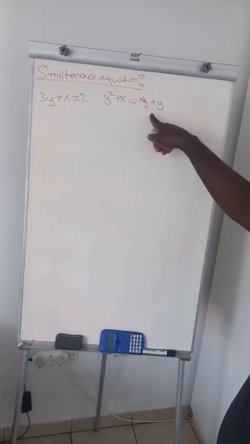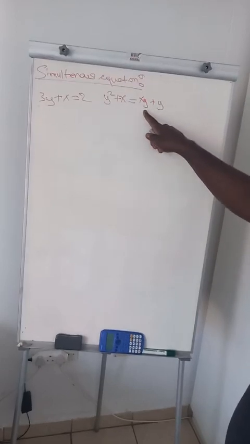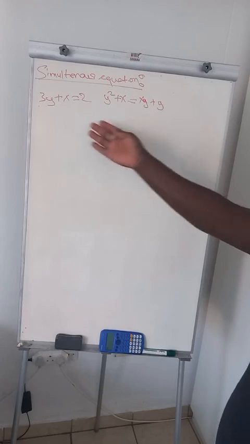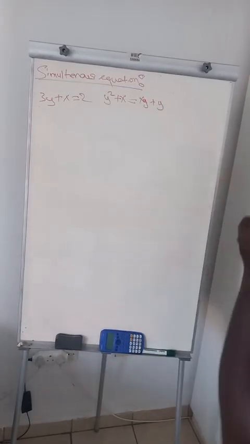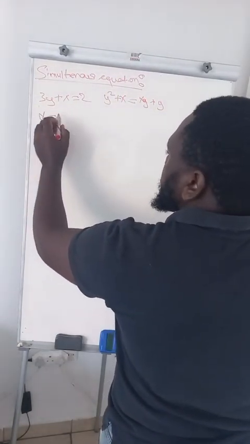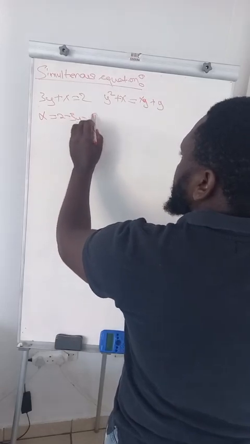This one, yes, we can make x the subject of the formula, but I think this one is more complicated. I can still do it in this way, but it's much easier if you're just simplifying using this way. So here, you just say x is equal to 2 minus 3y. You name this equation 1.